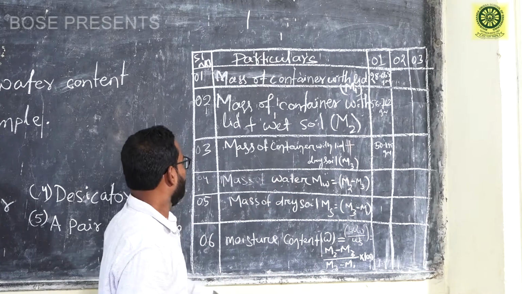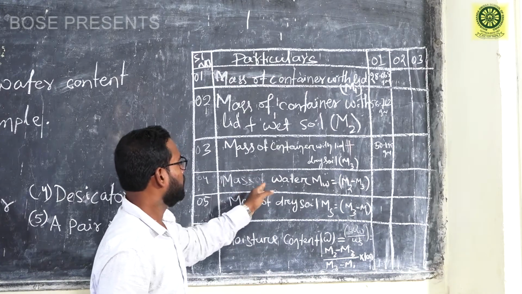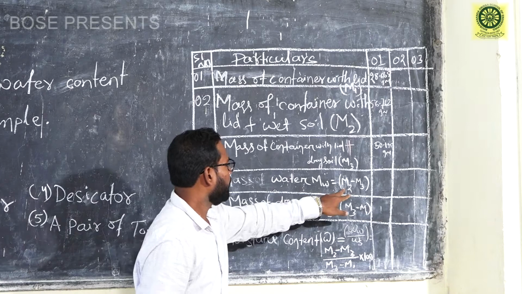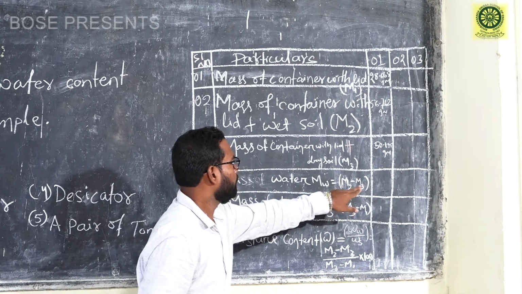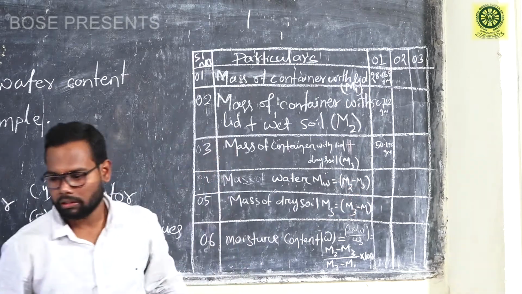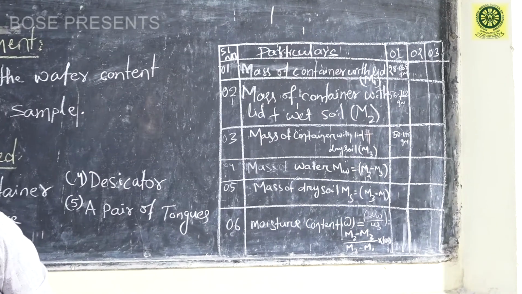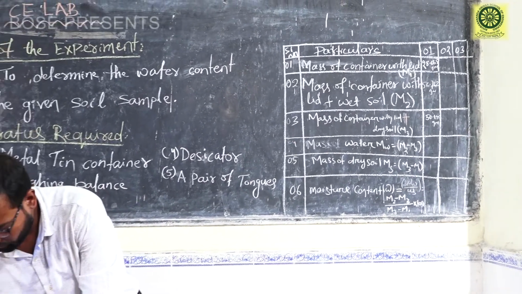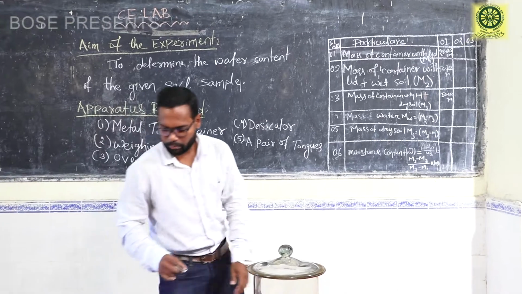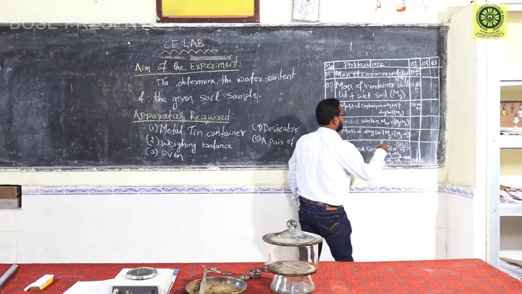From these we will calculate the mass of water. Mass of water is M2 minus M3, which comes out to 3.627 gram.